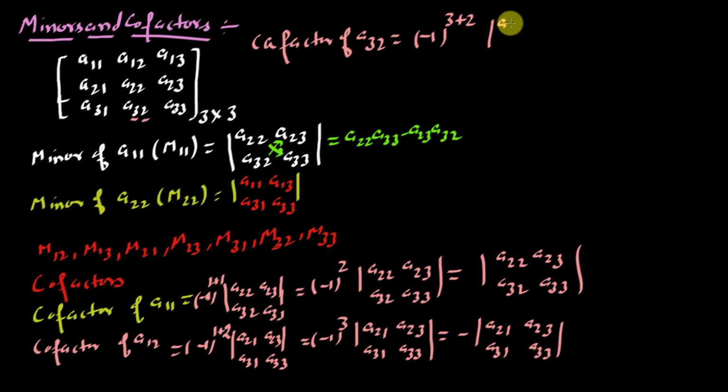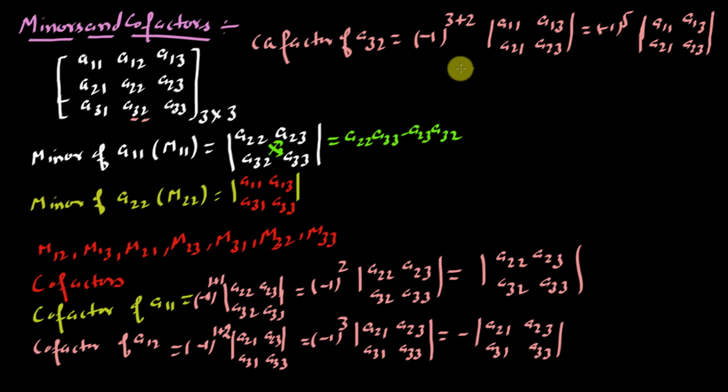It will be A11, A13, A21, A23. So this will be minus 1 raised to the power 5, which is minus.